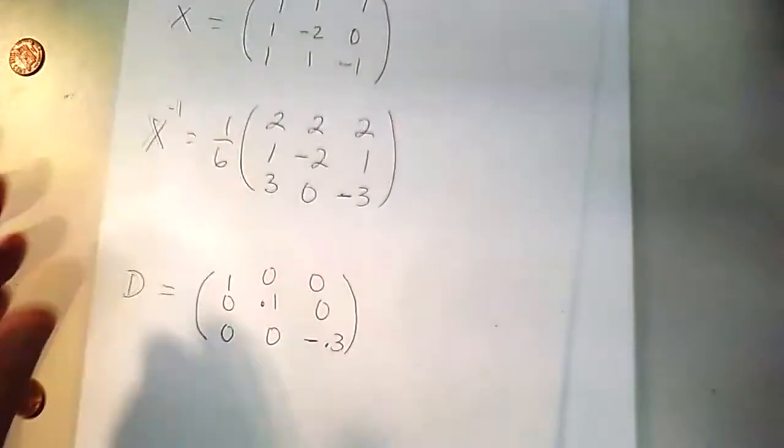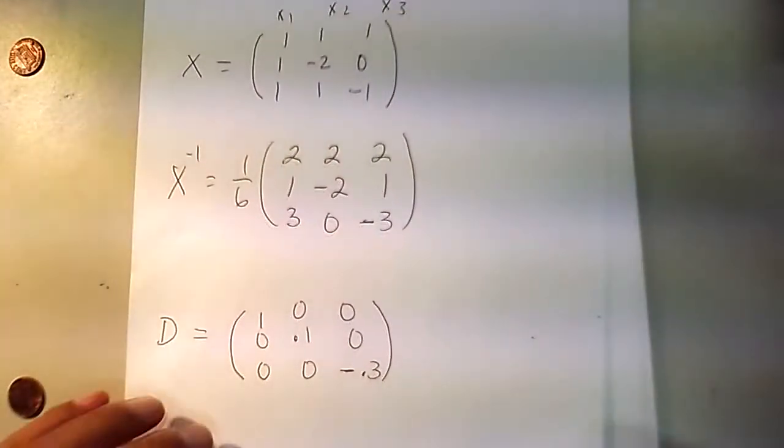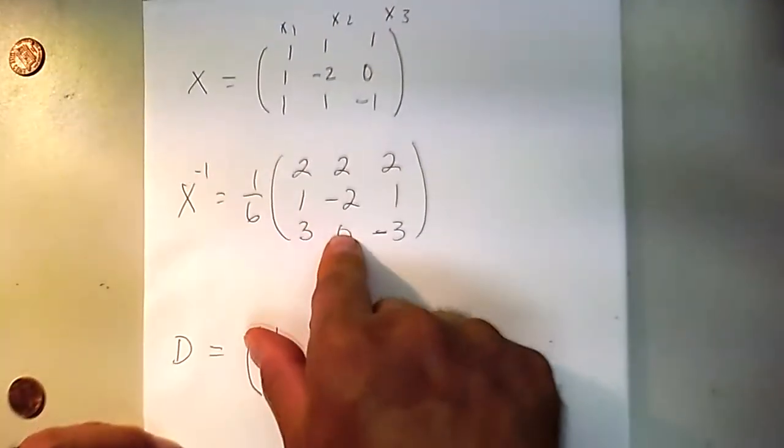You're not going to see the pause, because you're going through this video. I'm going to check to see what the inverse of this matrix X is. Okay, I'm back. Boy, that took a while. Yes, X is invertible. This is the inverse.